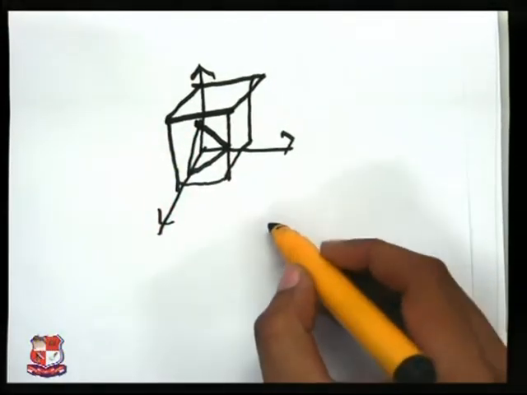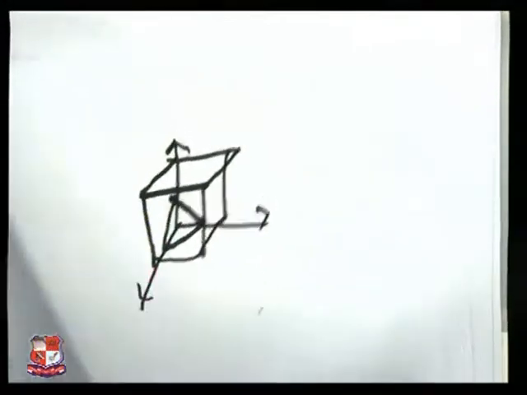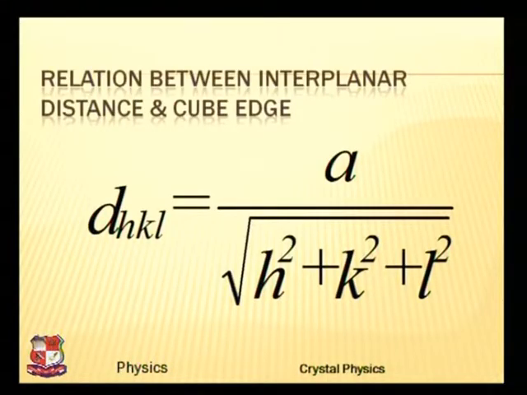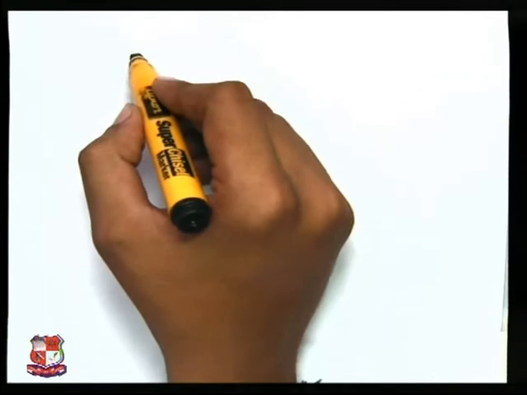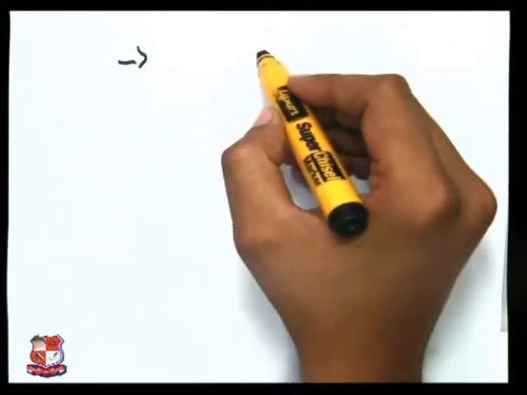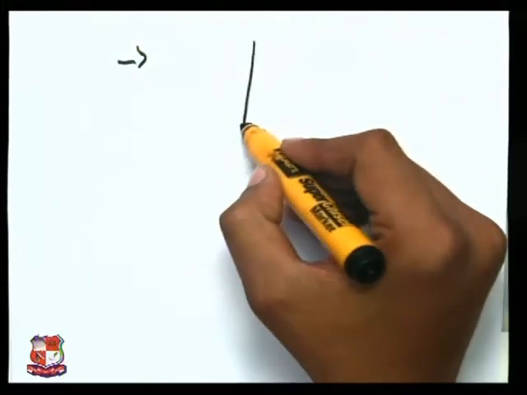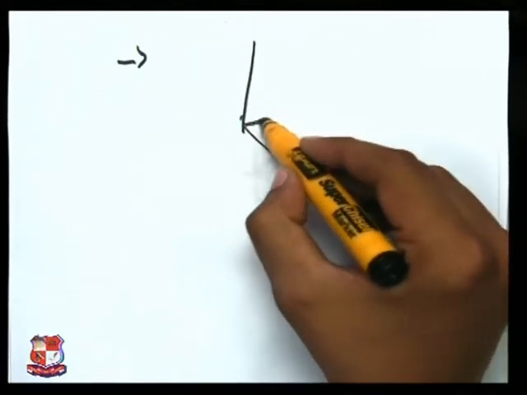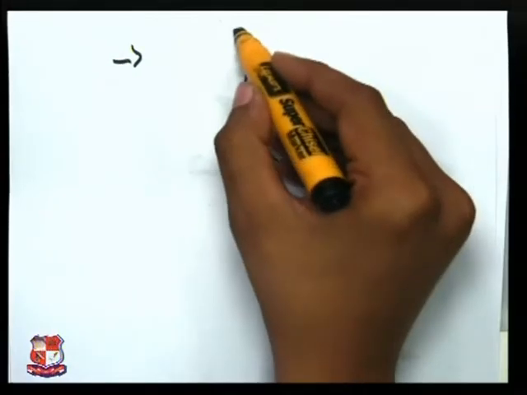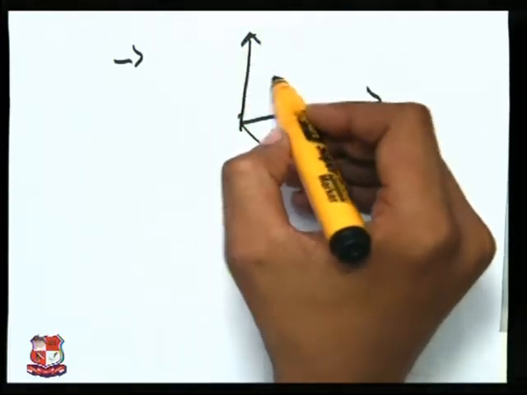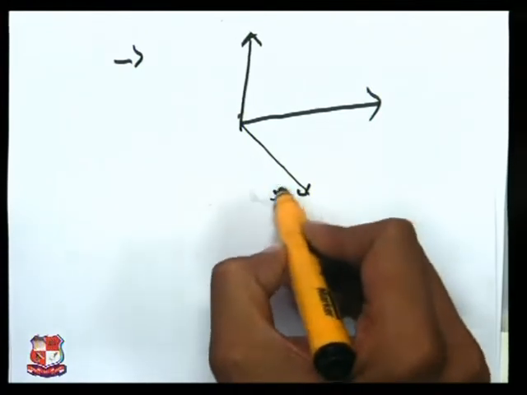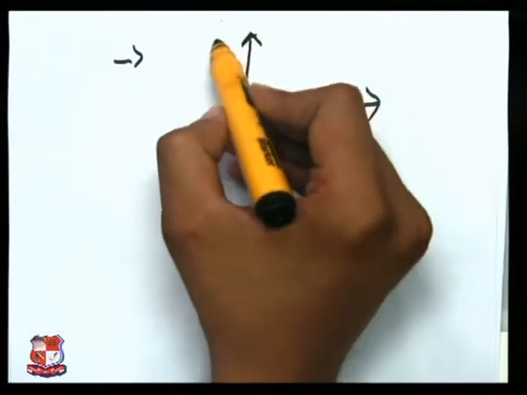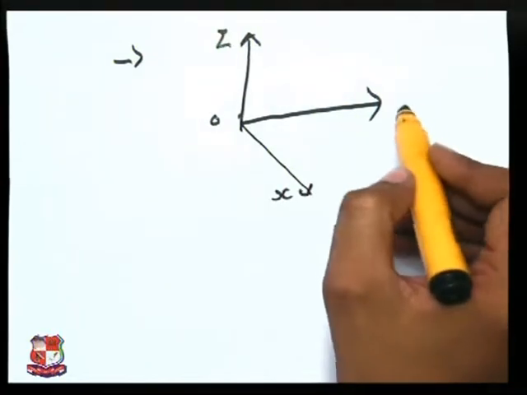For that, let me think that these are the three axes. Let me represent this axis as x. This is the origin, this is z, and this is y.